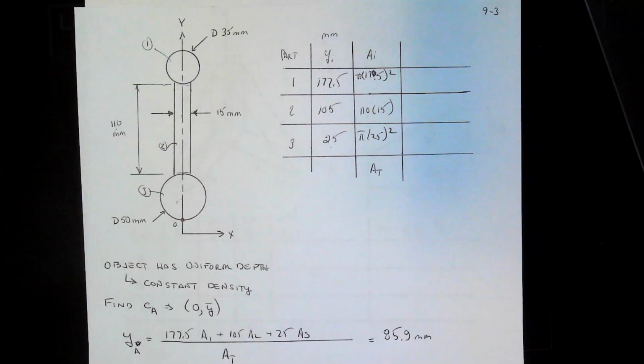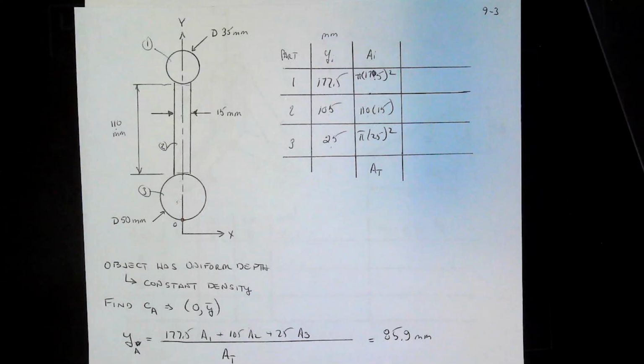So it's all the same material and the same depth. If we knew the depth, we would know the center would be halfway down in terms of depth. We're not given the depth, so we're going to ignore it.